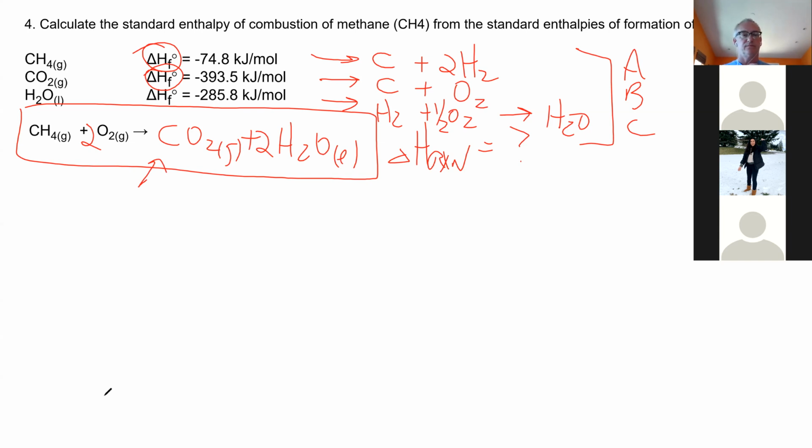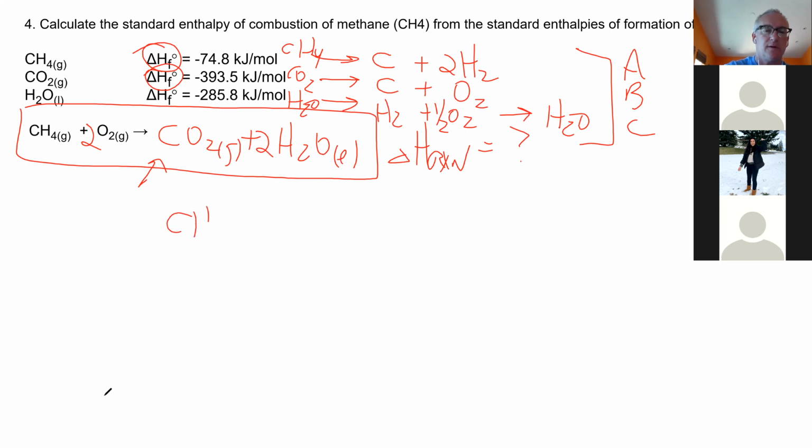So here's my CH4. There is my CO2. There's my water. All right, so I need to make our target reaction. So where's my CH4 at? Where am I going to get that from? The first one, from A, right?